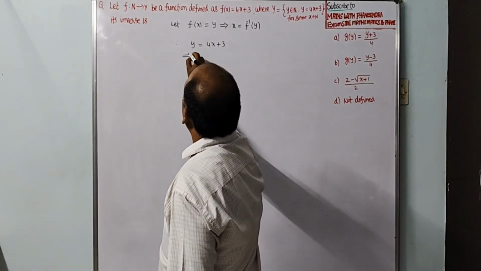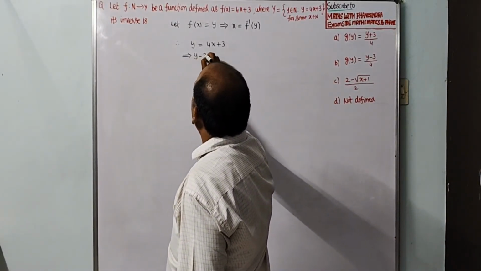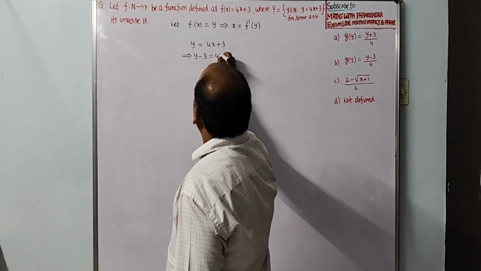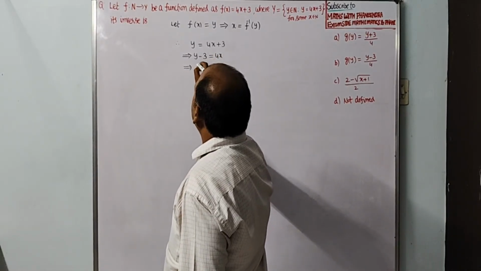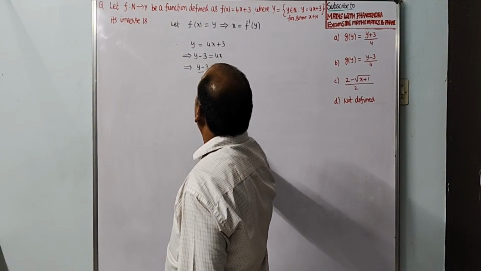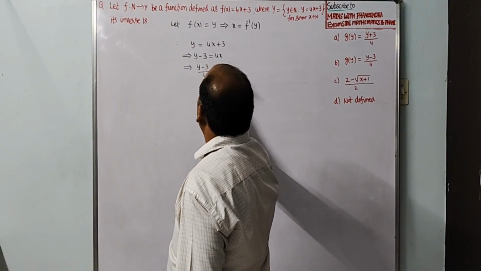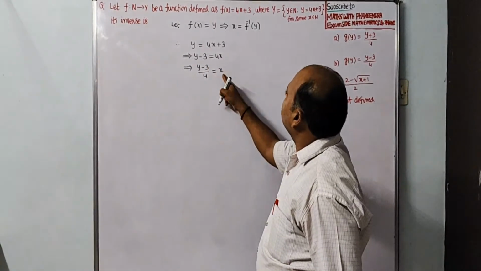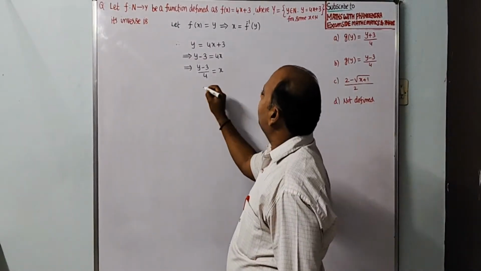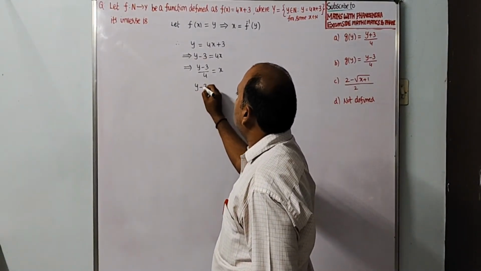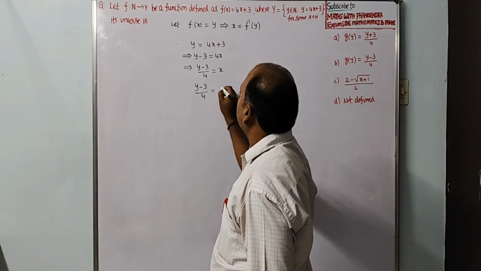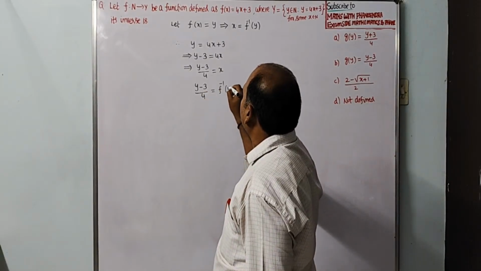So that implies y minus 3 equal to 4x. That implies (y minus 3) divided by 4 is equal to x. Wherever x is there, replace it with f inverse of y. So (y minus 3) divided by 4 is equal to f inverse of y.